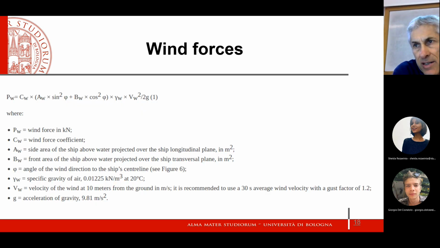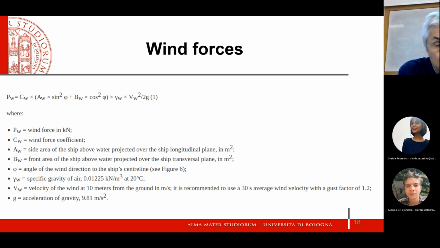So the angle is here, and of course we use the sin squared in order to compute the side component of the wind force and the cos squared in order to compute the component in the orthogonal direction. And then there is the component of the pressure.